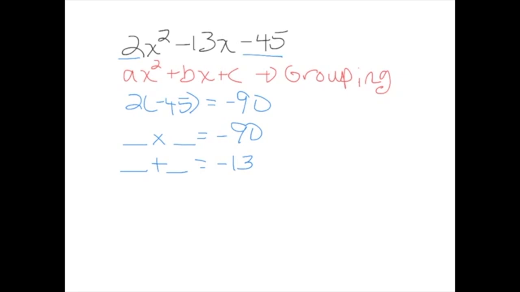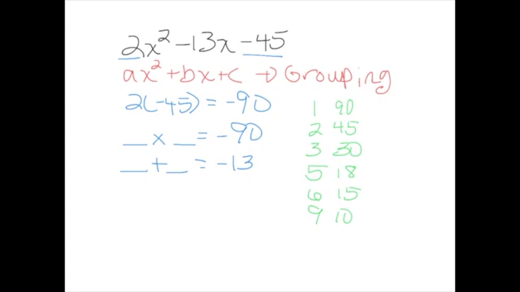So I'm going to list out all the factors that multiply together to give me 90. 1 times 90, 2 times 45, 3 times 30, 5 times 18, 6 times 15, and 9 times 10.